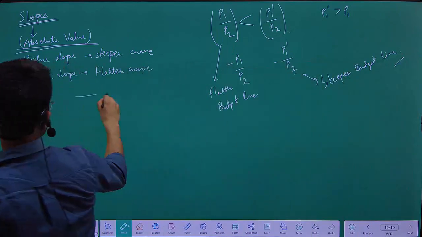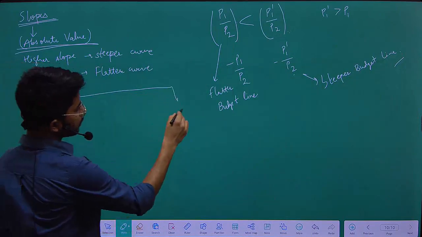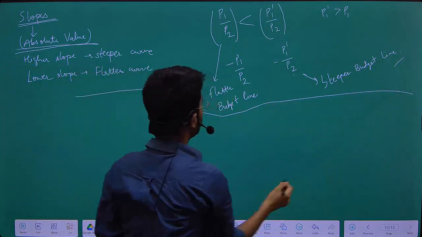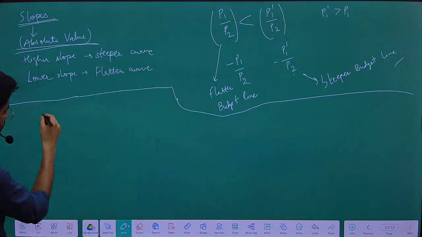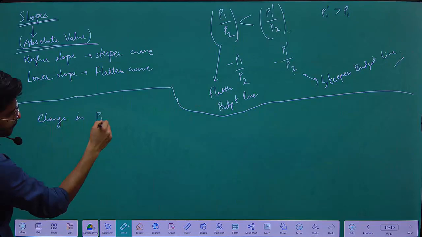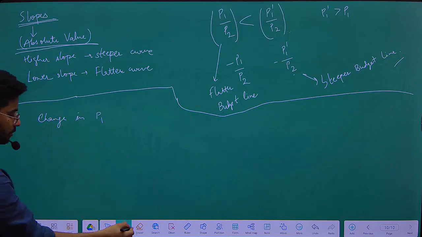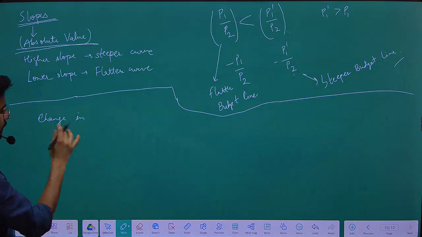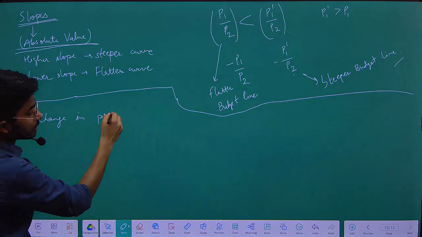Further, suppose there is a change in price P1, or you can say, a better way to say it is change in price of the first good.